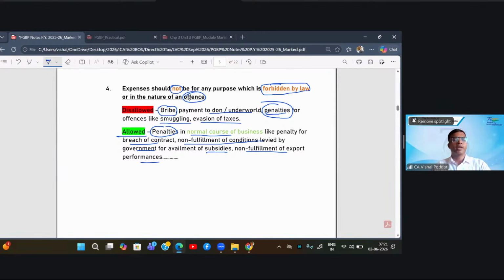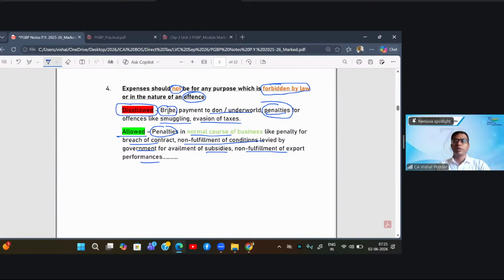So when you're incurring any such expense which is expressly prohibited, expressly considered as an offense, the law says we will not allow you deduction. Now here, the important point is what expenses are disallowed.